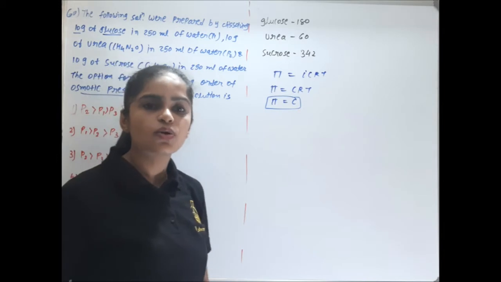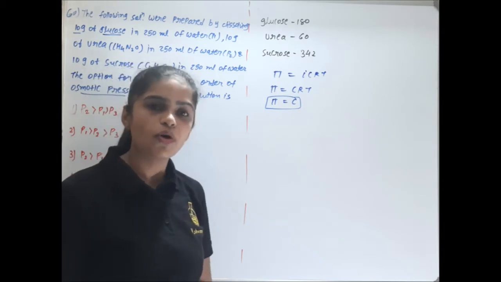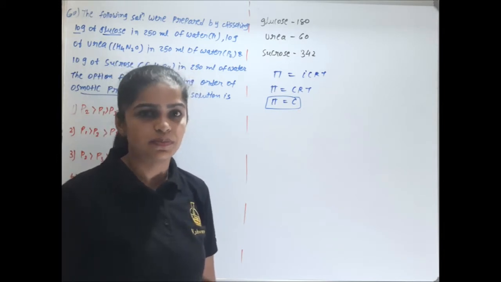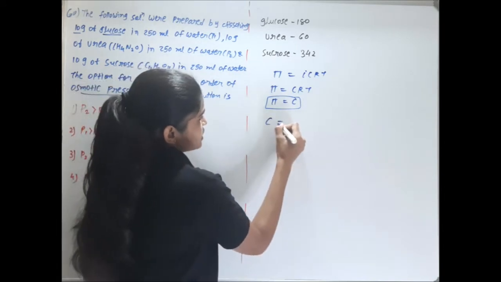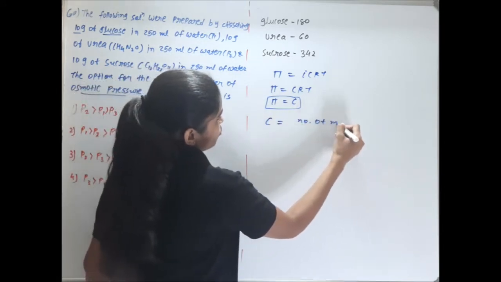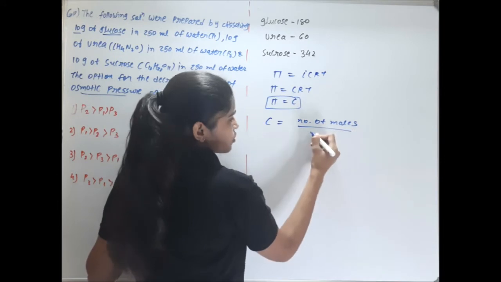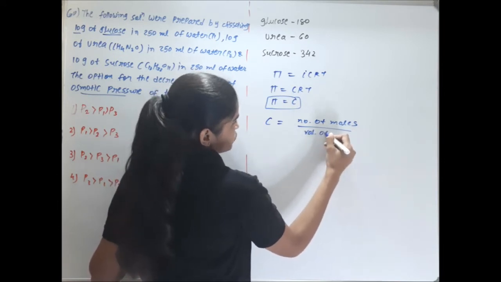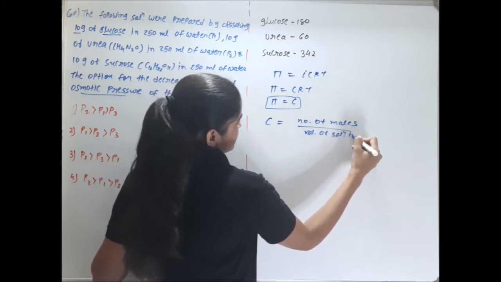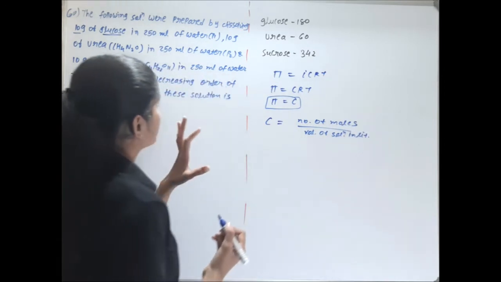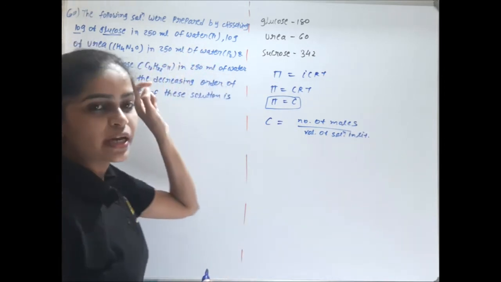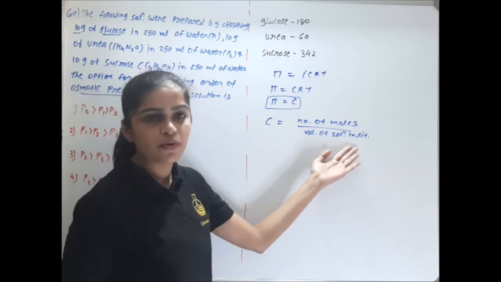And we know that the concentration is equal to the number of moles dissolved per liter of solution. So concentration is the number of moles per liter of solution. But in this case the volume is 250, 250 and 250, so the volume is the same.